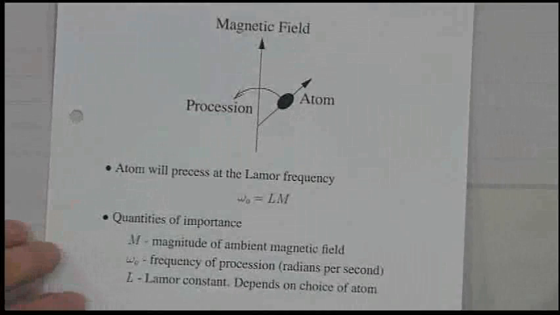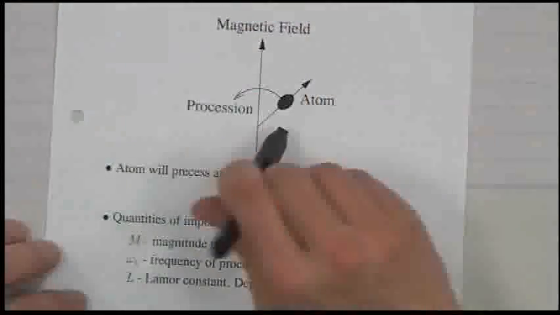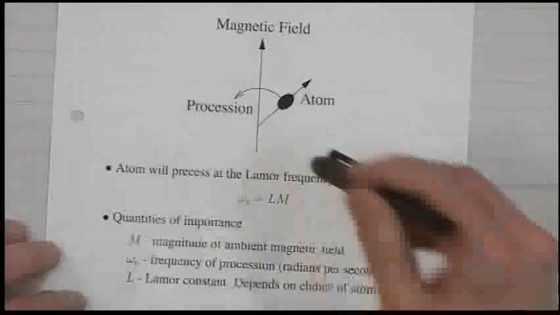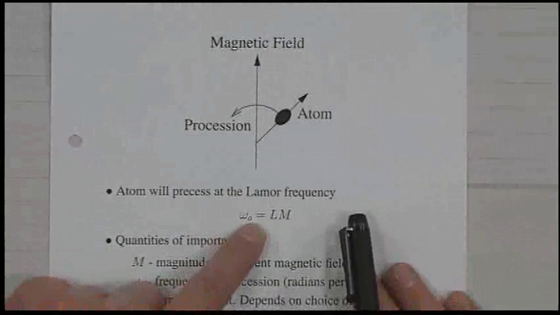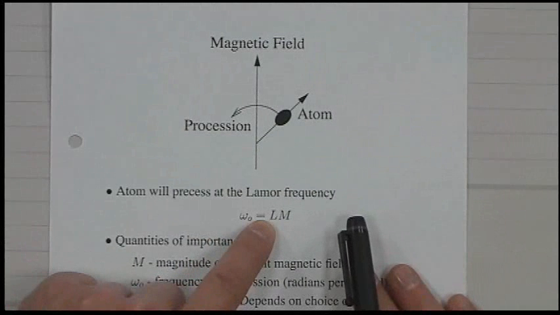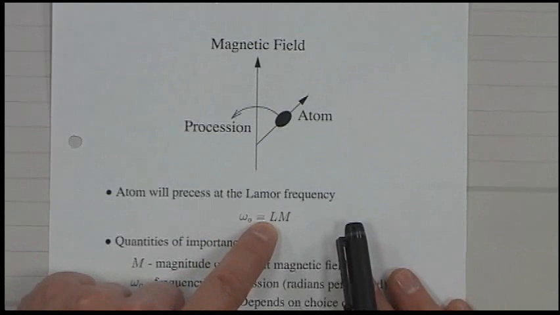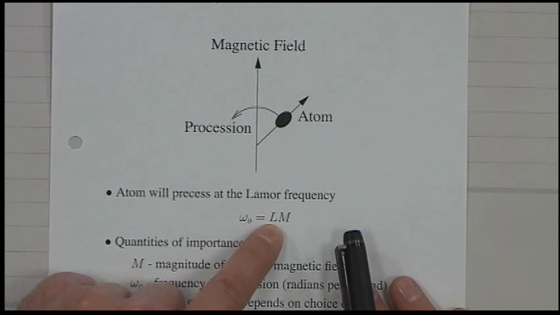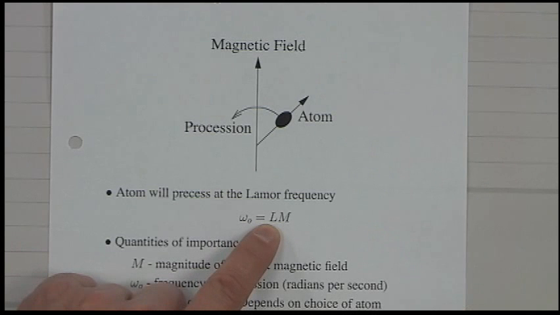Okay, anyway, so it precesses around this magnetic field, and the frequency of precession is the gyromagnetic constant, L, times m, the magnetic field. So L here has units of radians per second per Tesla.